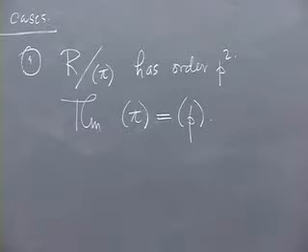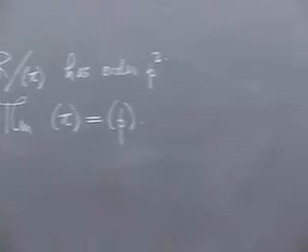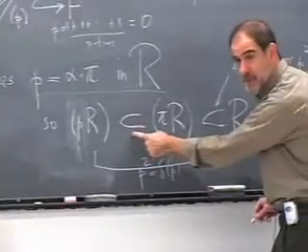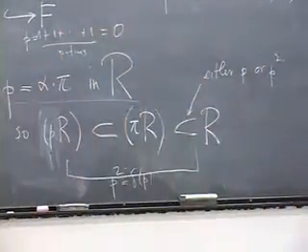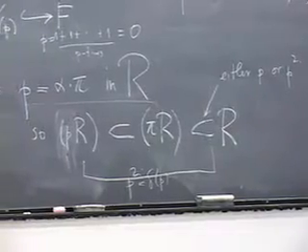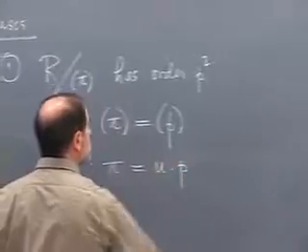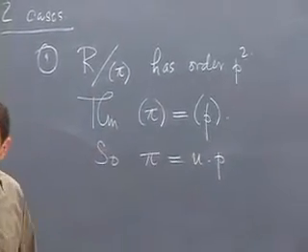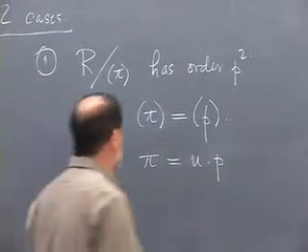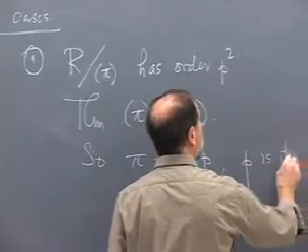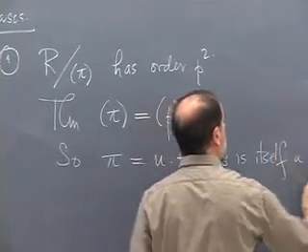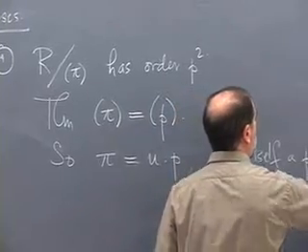Because if this index is p squared and this is contained here, then this index has to be 1, which means that this ideal is the same as this ideal, which means pi is a unit times p, right? Or equivalently, p is itself a prime in R.